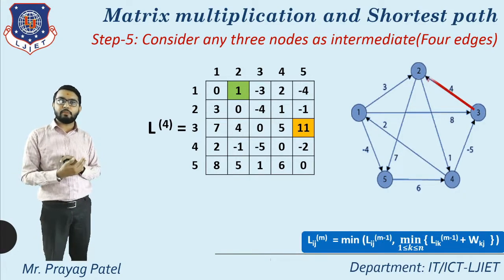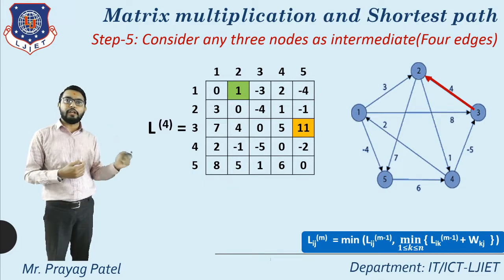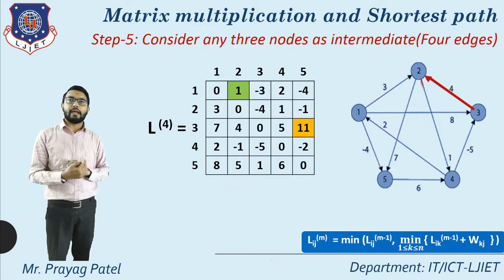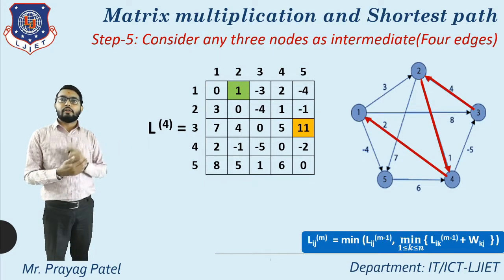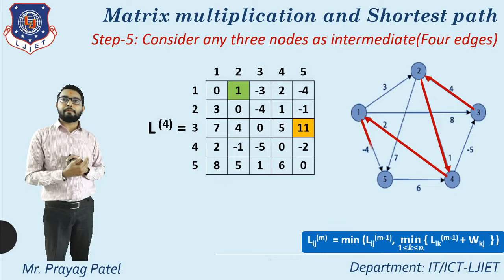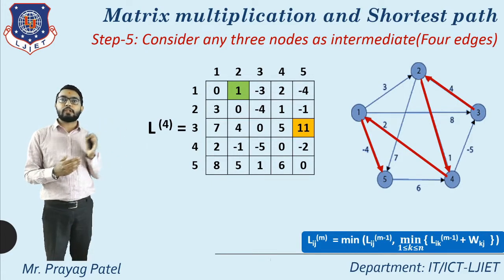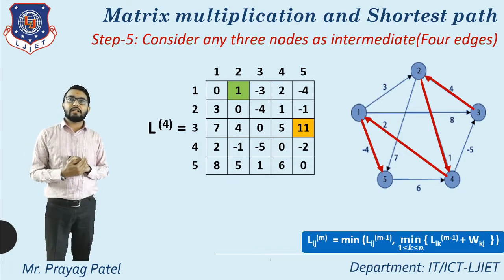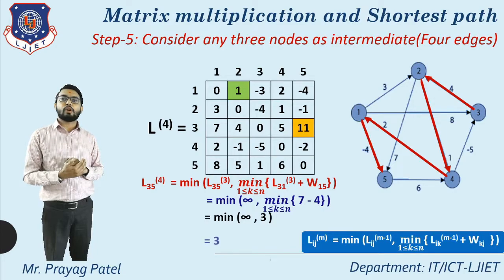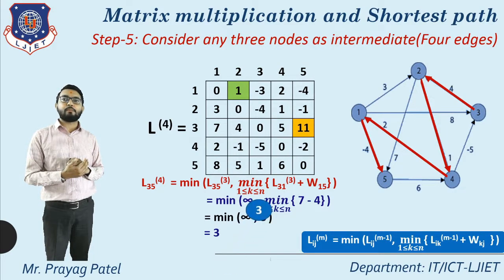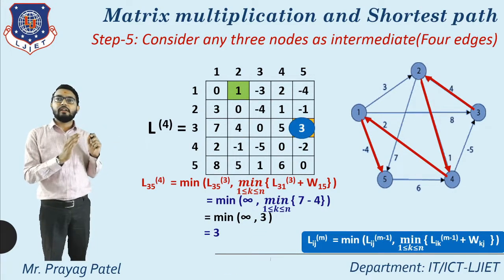Now is any path possible? Consider the path from 3 to 5: first 3 to 2, then 2 to 4, then 4 to 1, and then 1 to 5. So to find the distance from 3 to 5, we consider 2, 4 and 1 as intermediate nodes. Then what is the distance? The old distance is 11 and the new distance is 3. So 3 is our final answer, and we put the value 3 in location 3, 5.